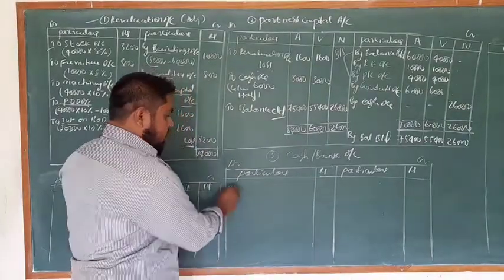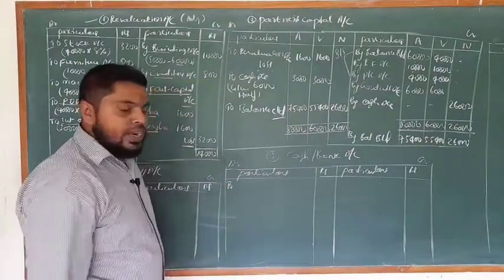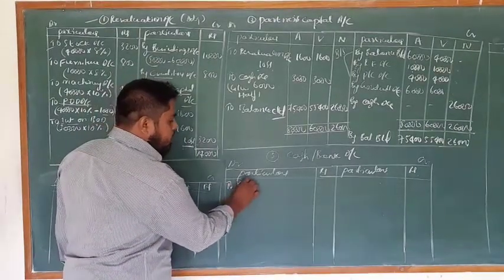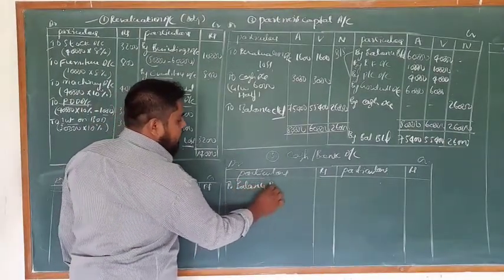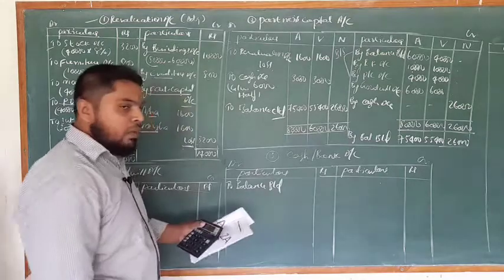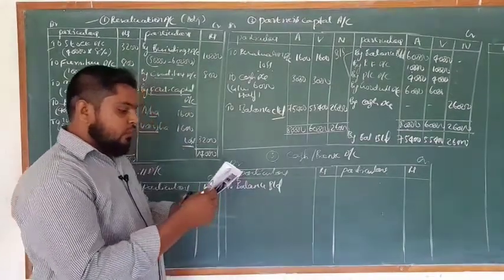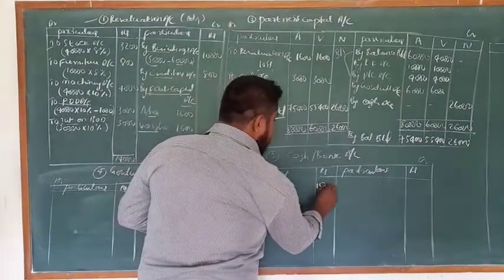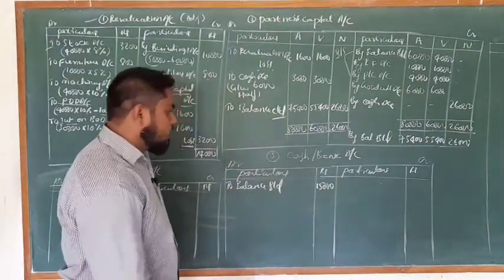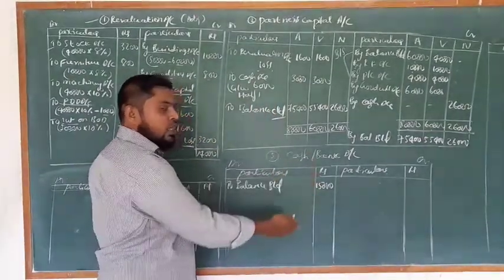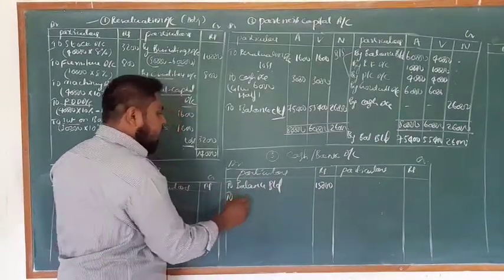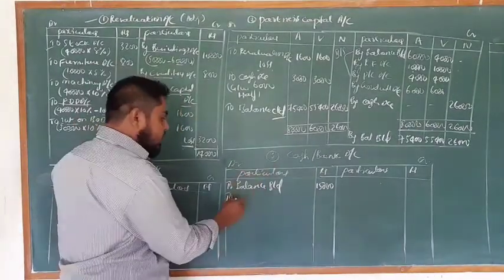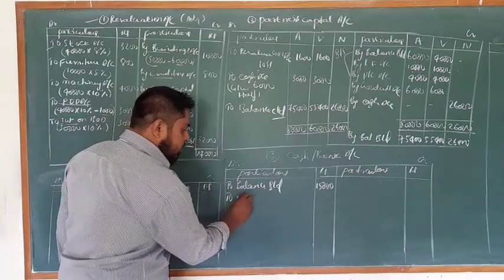First, in the cash account you transfer the balance which is given in the balance sheet. So balance brought down, the opening balance from the balance sheet we have to transfer. So the opening balance is 15,000, which is the cash given in the old balance sheet. And next, the new partner, that is Nisha, she has brought capital.